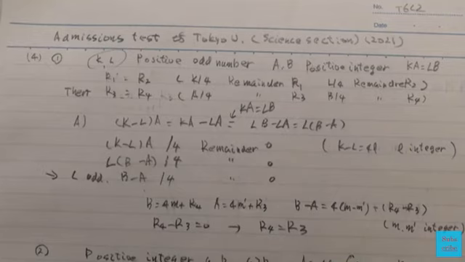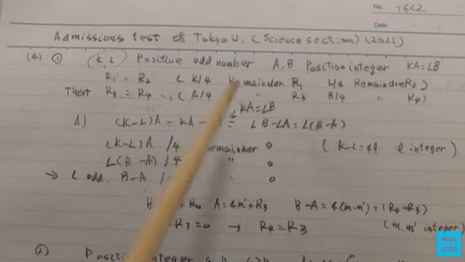K minus L times A equals this. From the first condition, KA equals LB, so LB minus LA equals L times (B minus A).